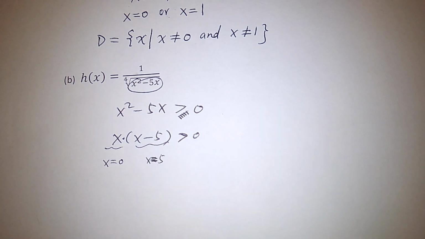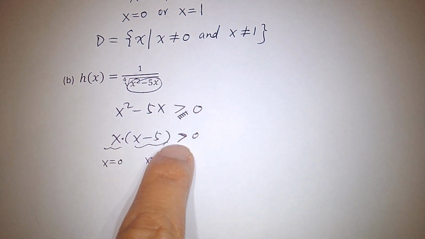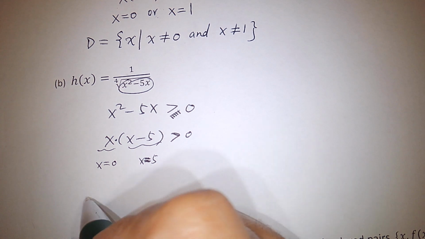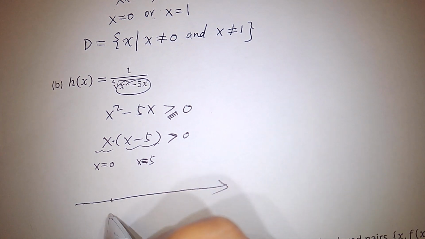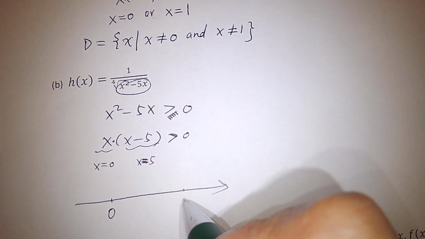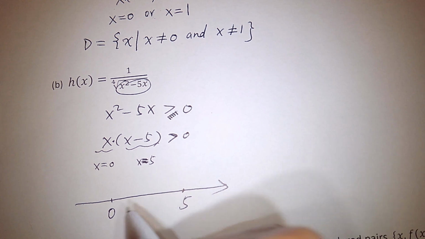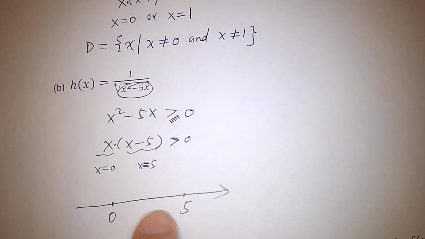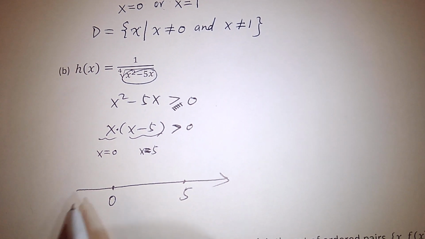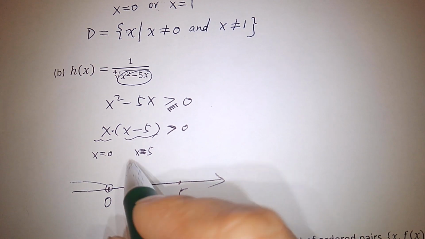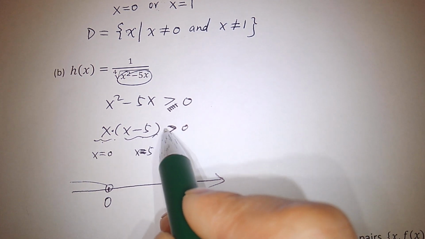These are our key points, okay? They are not a solution for the inequality. However, these are the critical numbers, and we can use them to divide the real number line. Let x times x minus 5 equal 0.